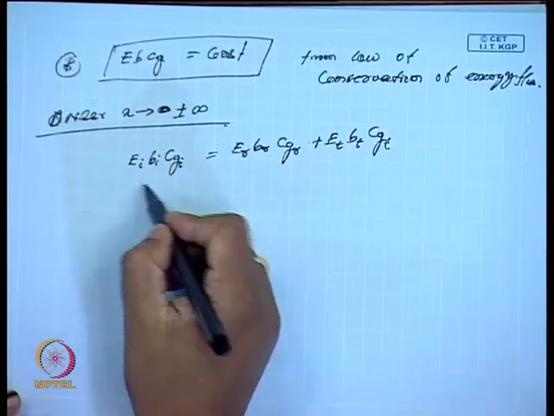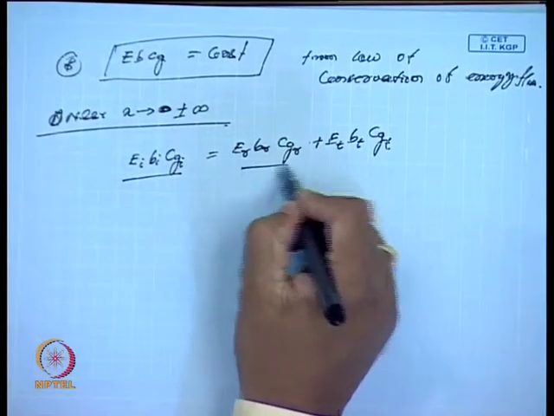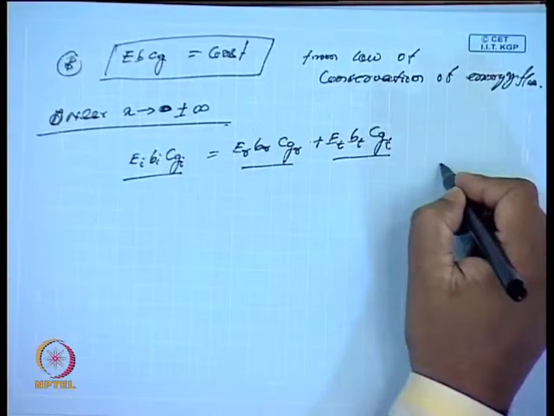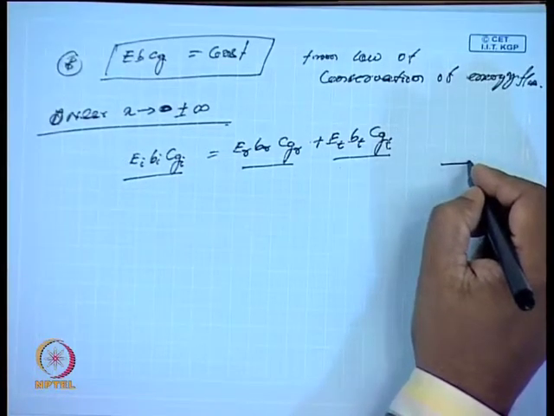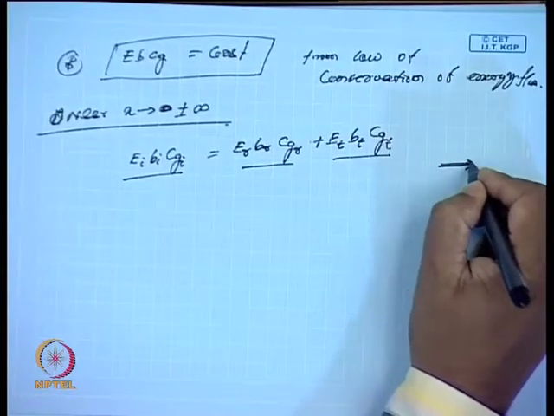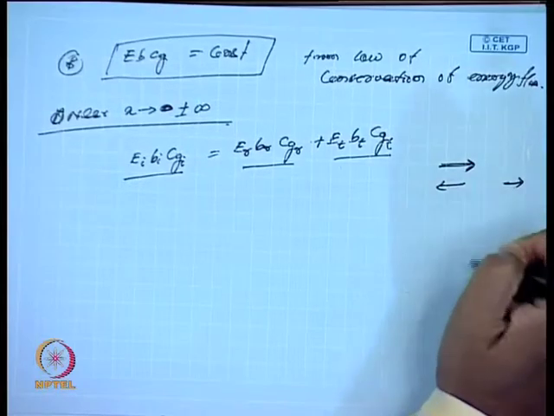Basically, these terms are associated with the incident wave, these with the reflected wave, and these with the transmitted wave. The incident wave is the incoming wave, because it is approaching the structure, whereas the reflected wave and the transmitted wave are the outgoing waves.